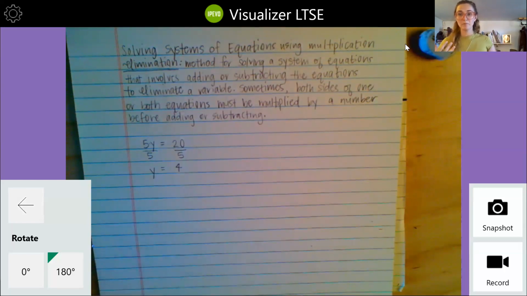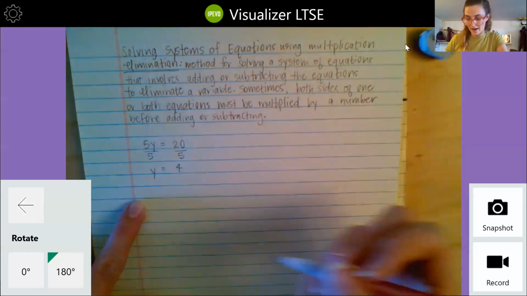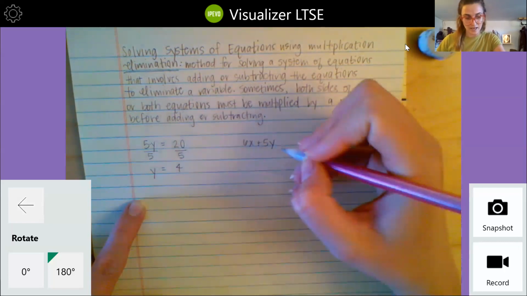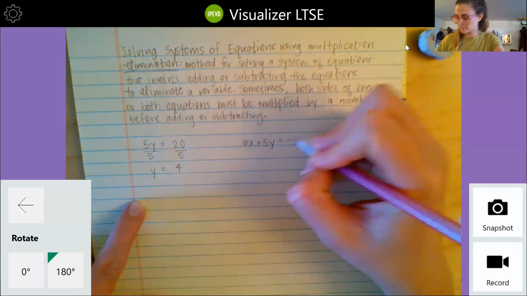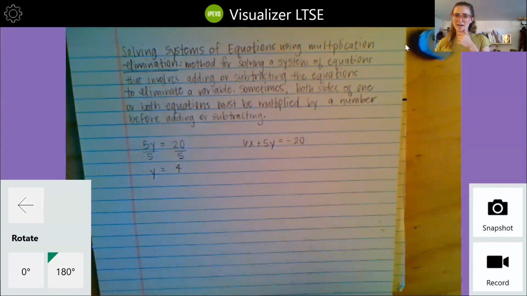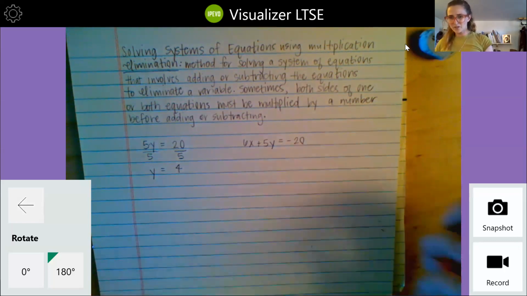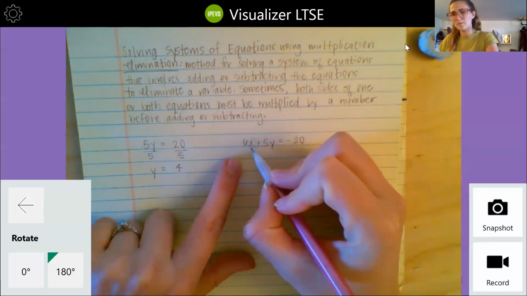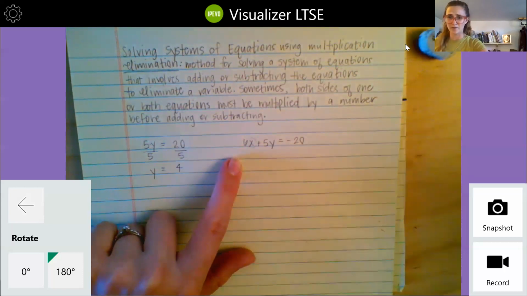Pretty easy. But now we're starting to deal with equations that have two variables. So for example, I have 6x plus 5y equals negative 20. When I have this, it's a little bit more difficult to figure out the answer to one of the variables. So what we can do is we can solve for one variable, but it's always going to be in terms of the other variable.